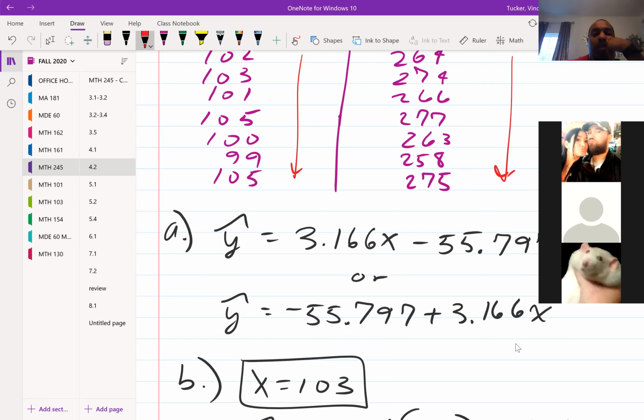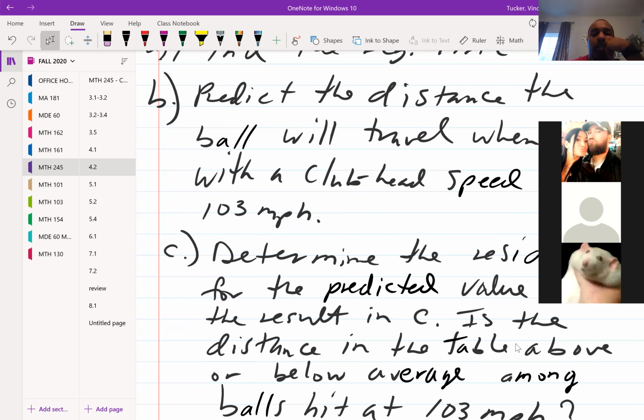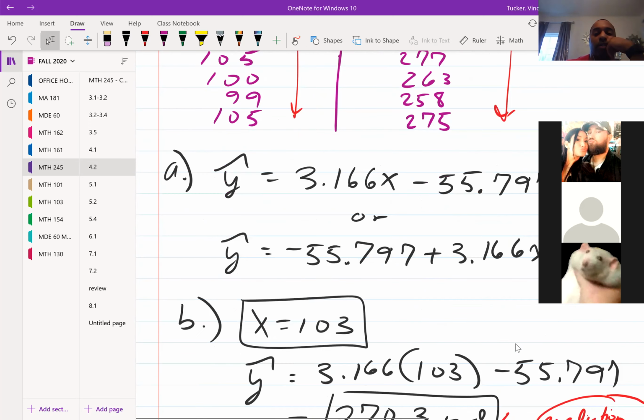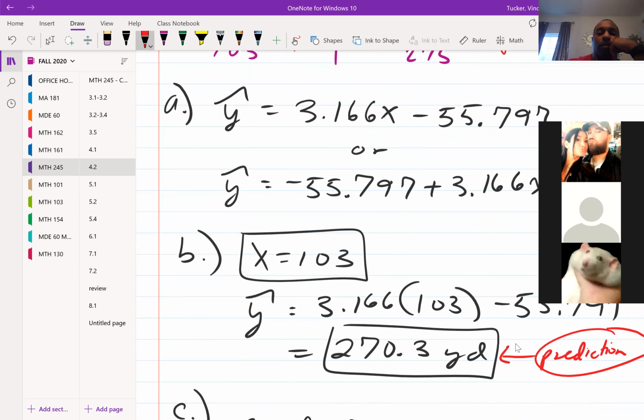And so B says predict the distance the ball will travel when hit with a club head speed of 103 miles per hour. Now that's what the regression line is used for. You have an observation or an outcome that you would like to see. What would your regression line predict, based on what you've already observed?